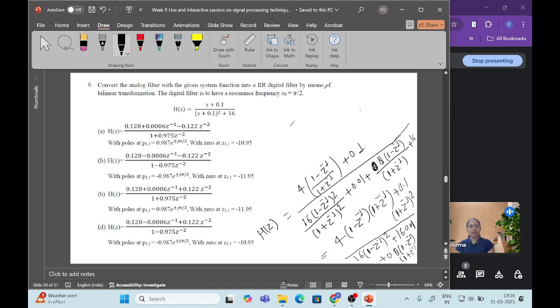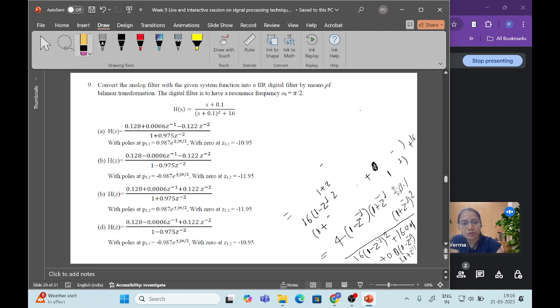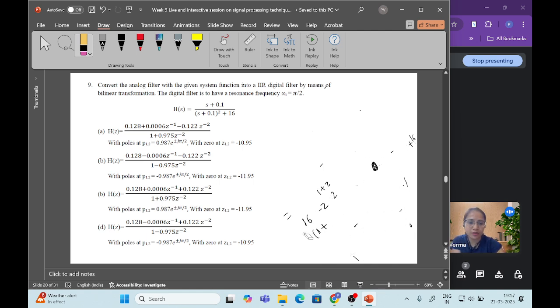This is the denominator part and the numerator part after solving all those things. I am removing all those things so that you can solve it by seeing the video.